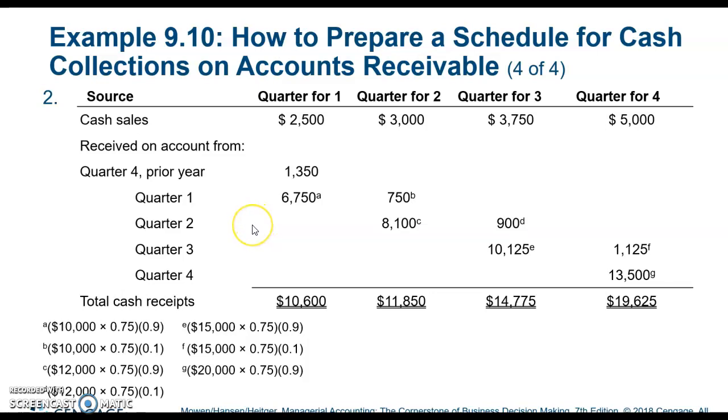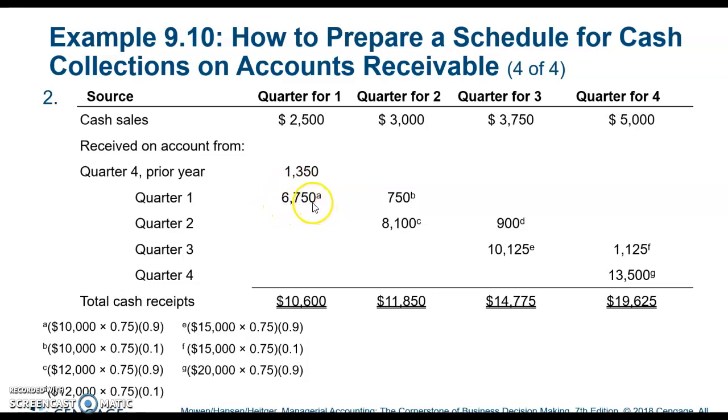Then we also said in the previous slide that on the on-account sales, we expect to get 90% of those in cash this quarter. So this is $7,500 of our on-account sales times 90%.